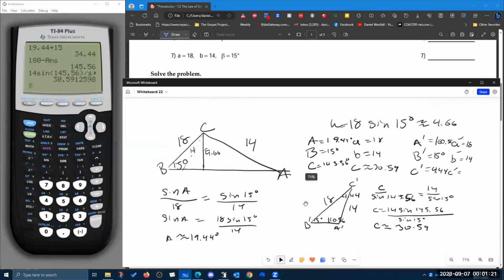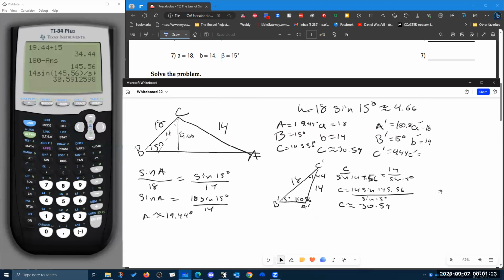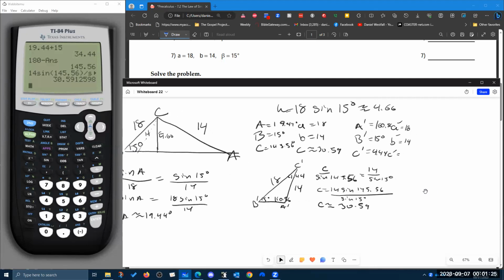And I've got a little bit more work to do over here. So C prime over sine of 4.44 is going to be equal to 14 over sine of 15.